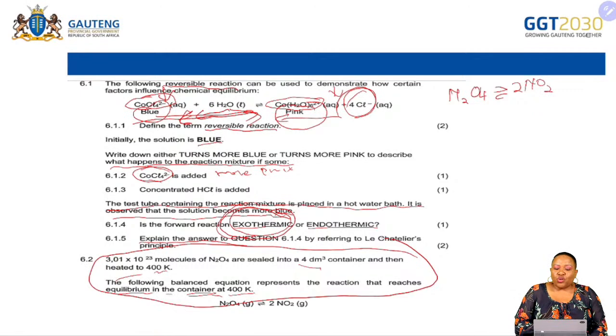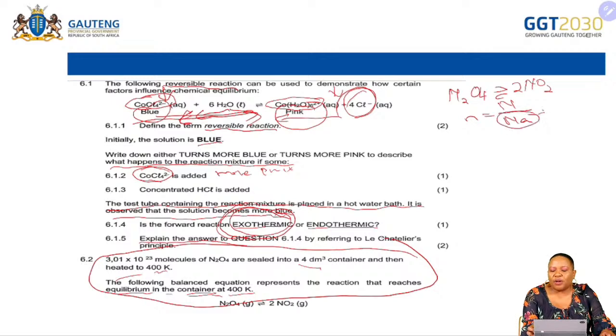Now, what you need to remember is that when I started explaining the issue of stoichiometry with you, I also gave you different formulas that we can use to calculate the number of moles, because I think we already know that it is always easy to work with number of moles in such questions. There was one formula that says number of moles is equal to the number of molecules divided by Avogadro's number.